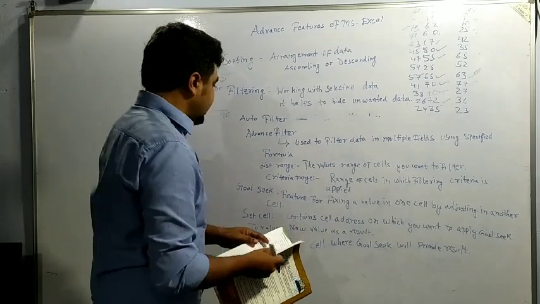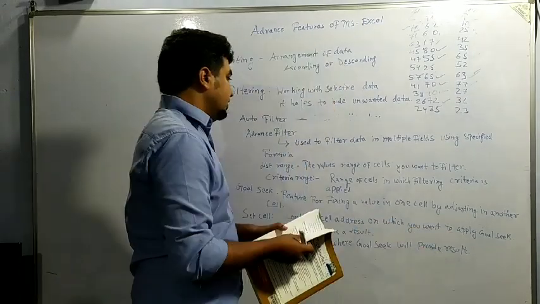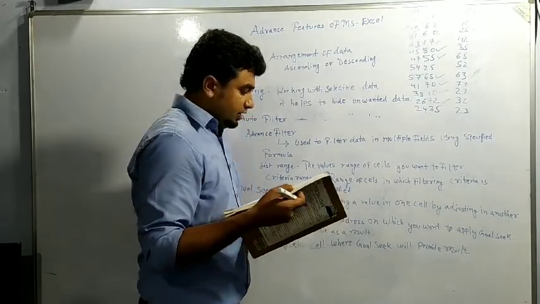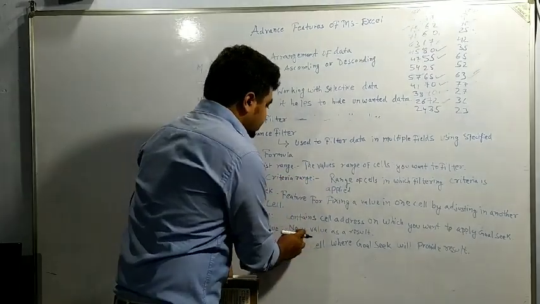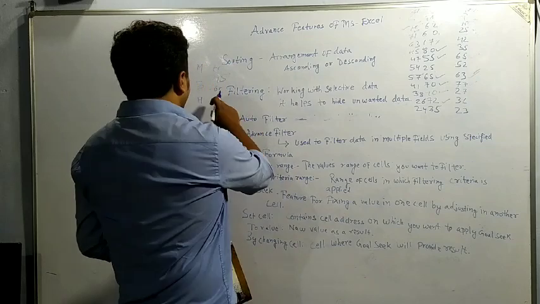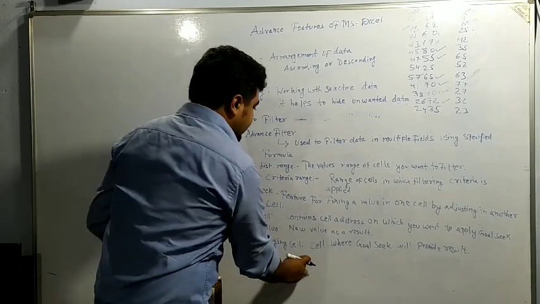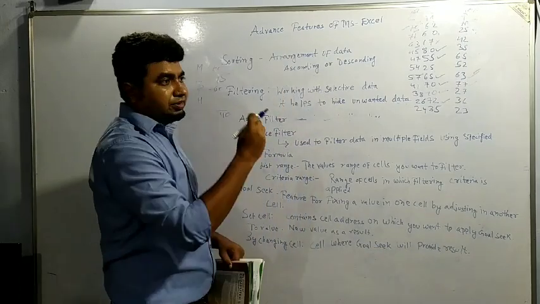In goal-seek, the set value contains the cell address on which you want to apply goal-seek, so that is the cell address where you want to apply it. The to value means the new value: what new value you want to assign here. The by-changing cell is where goal-seek will provide the result.